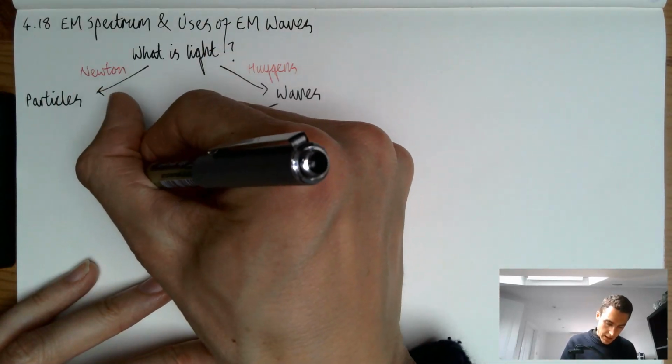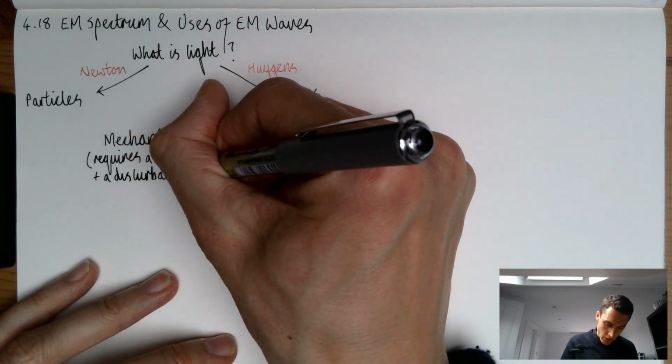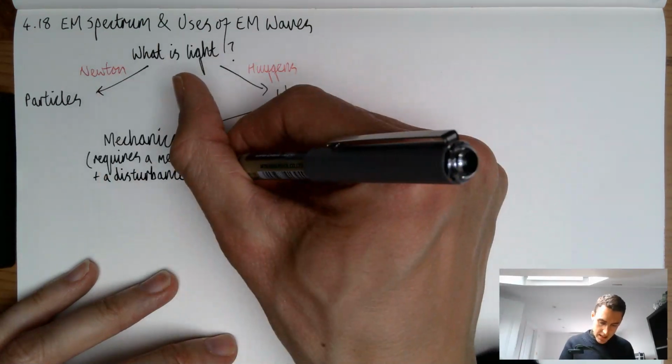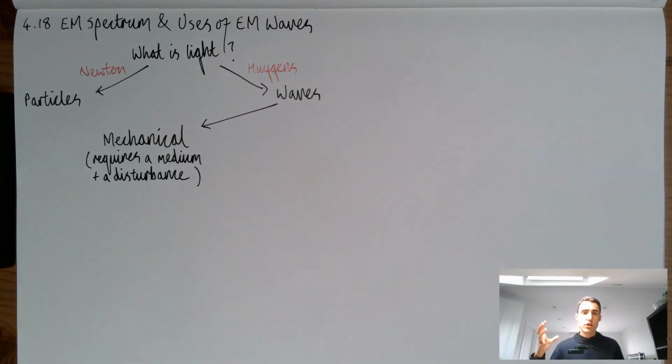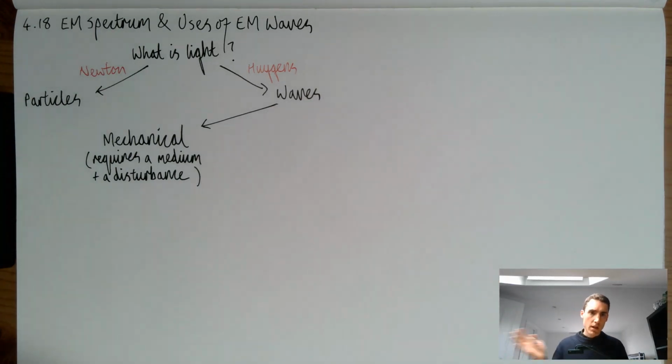Plus, as I've just said, you need a disturbance. There must be some sort of physical movement in time and space which causes a mechanical transfer of energy to pass through this medium. So some sort of physical disturbance is needed to transfer the wave through the medium.